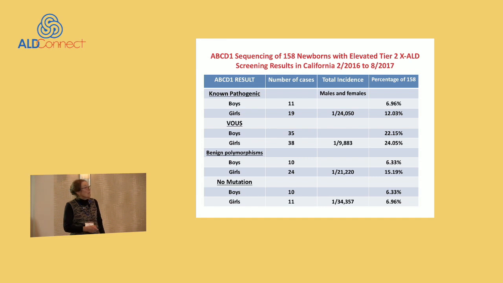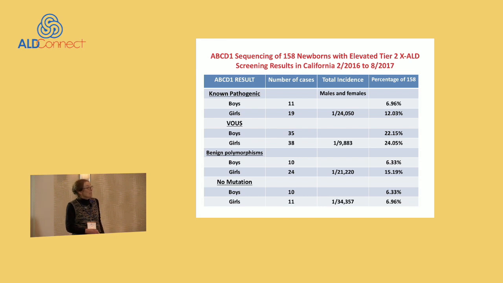And this is a complicated chart. This is the ABCD1 sequencing result in 158 newborns with elevated tier 2 screening results in California. The known pathogenic, again, 11 boys, 19 girls. So this represents almost 7% and 12% of the total of the 158. Variants of unknown significance, they have 35 boys, 22%, girls, 38%, 24%.